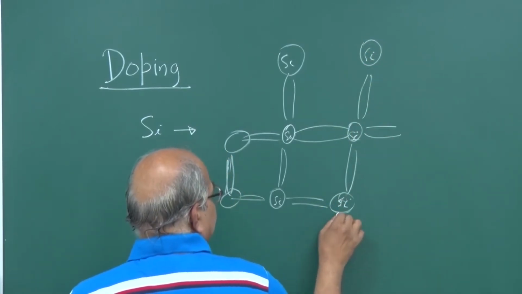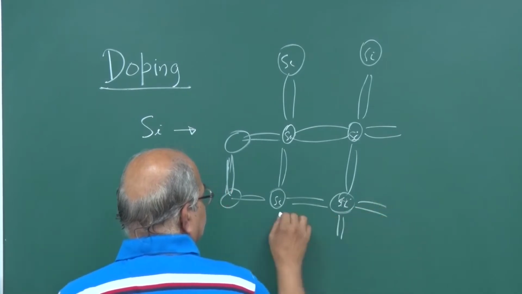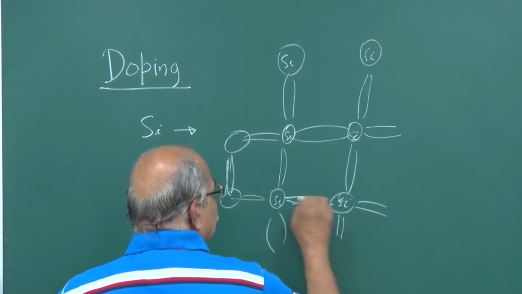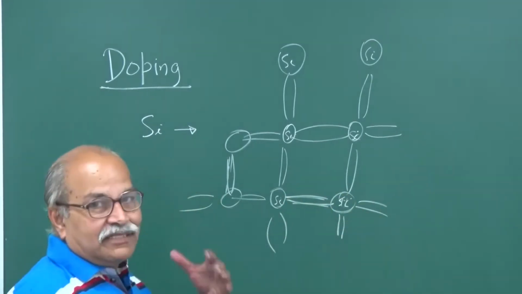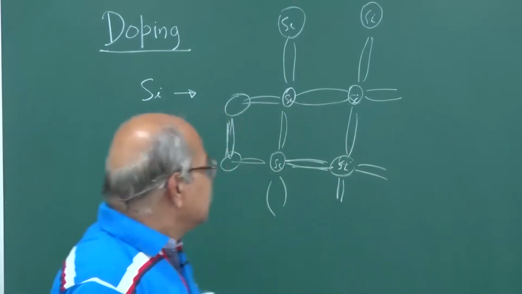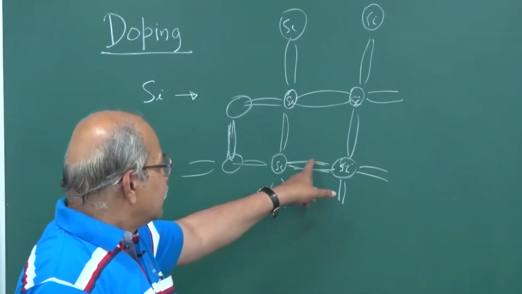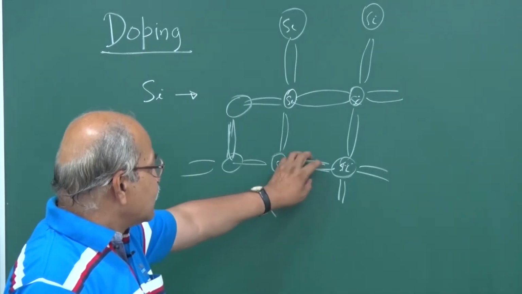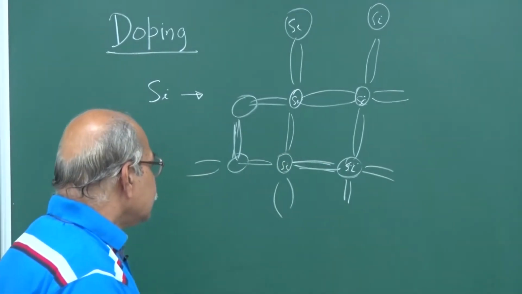Okay, so don't confuse this with a double bond, right? 2 lines are also used for double bond, triple bond and so on. These are to represent that it is a covalent bond and 2 electrons are in this bond.